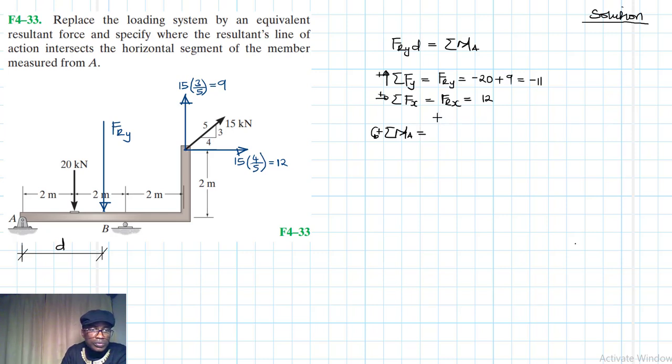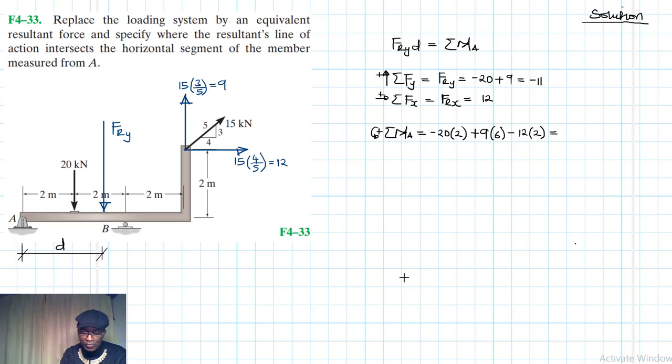This is going to be equal to minus moment due to 20 times 2, and then we have a positive moment, which is 9 times 6, and then we have another negative moment due to the 12 times 2.